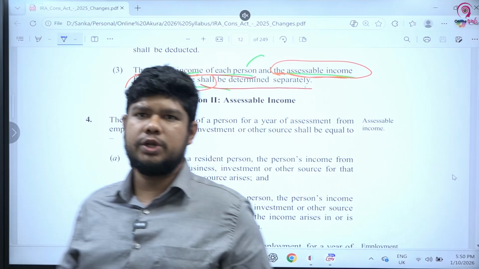So remember that: assessable income of a resident person. Still, if you don't understand resident person, I'll explain. Firstly, just understand the word meaning. If the assessable income is considered for a resident person, it includes income wherever the source arises.